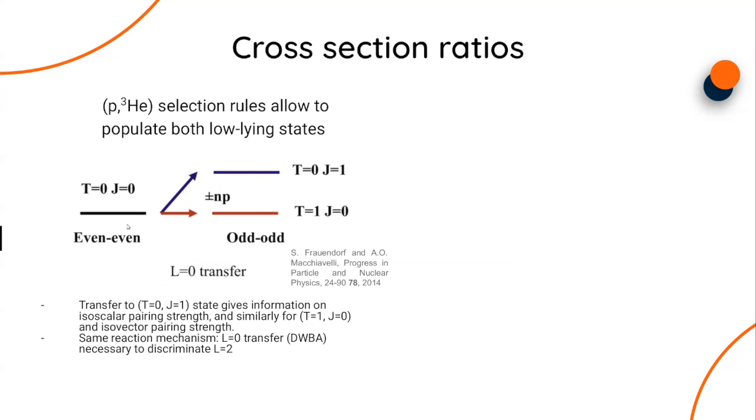So we start from an even state with spin 0 and isospin 1, and then transfer to go to the isovector state, isospin 1, spin 0, and also to the isoscalar state, isospin 0, spin 1. Then we look at the ratio of the cross sections to see which one is stronger in these nuclei.